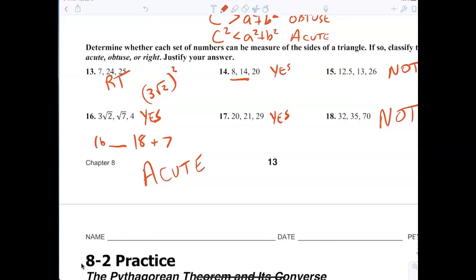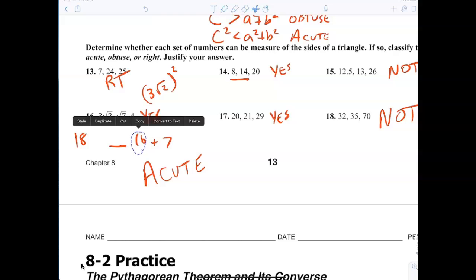Hear what I'm saying? 3 radical 2 is bigger than 4, correct? So I got to fix it. All right, so I'm really comparing what? This guy is the biggest. This guy is smaller. So it's still what? I was still right.